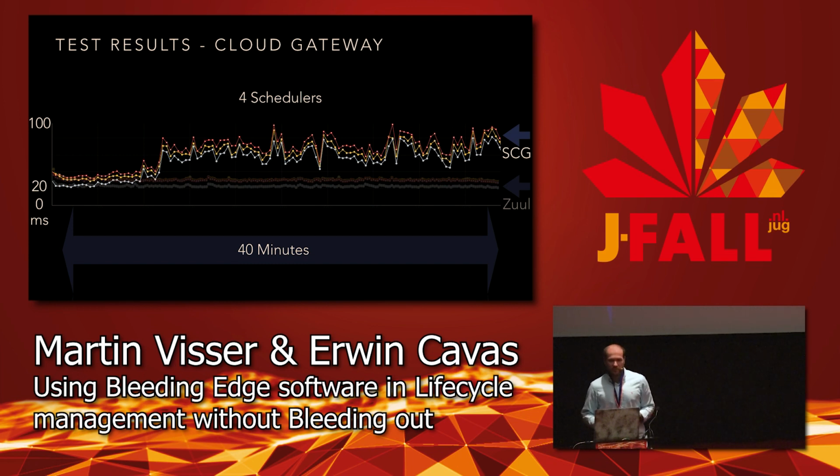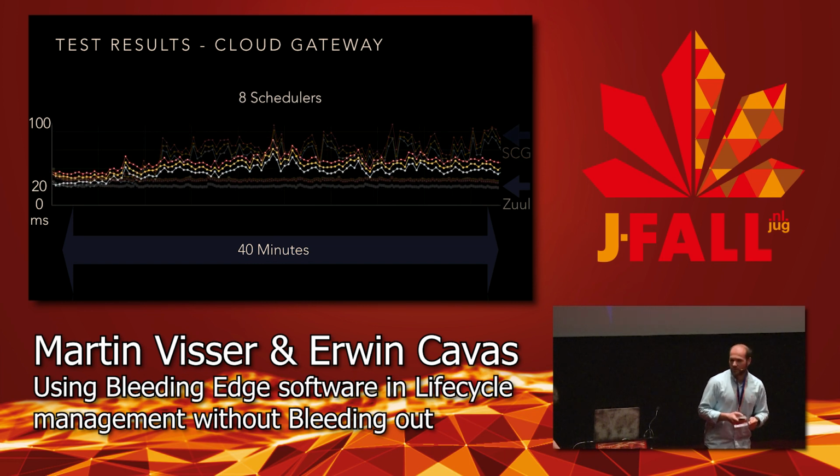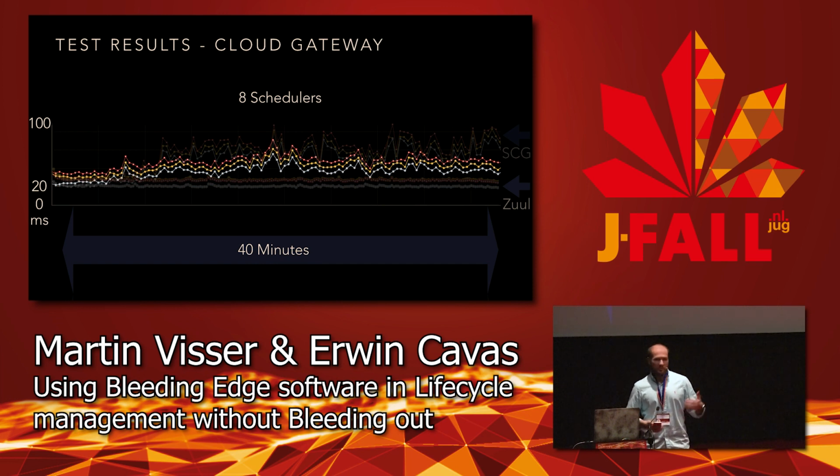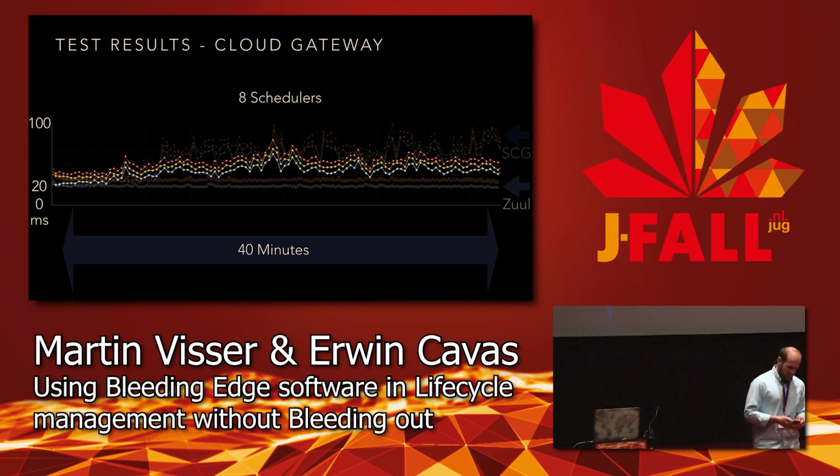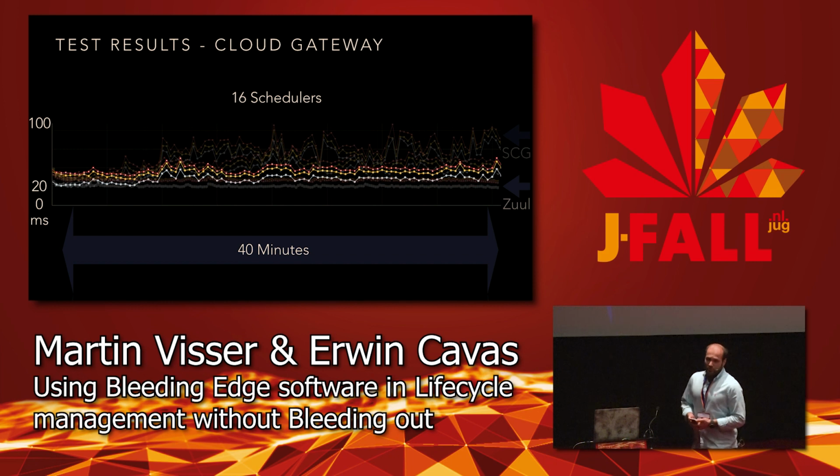So we were not happy with this result, so we went back and changed the configuration. So we changed it to be the double amount of schedulers, right? And you can immediately see that it became quieter, less fluctuation, yet not really what we were looking for, because even after coming back to the drawing board and again changing the amount of schedulers, which is naturally again going to be doubled here, we were still not very happy, because at this point you'd still have about 1.5 to 2 times slower performance compared to Zuul.